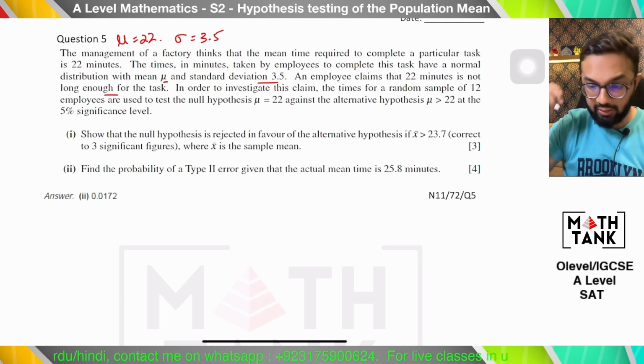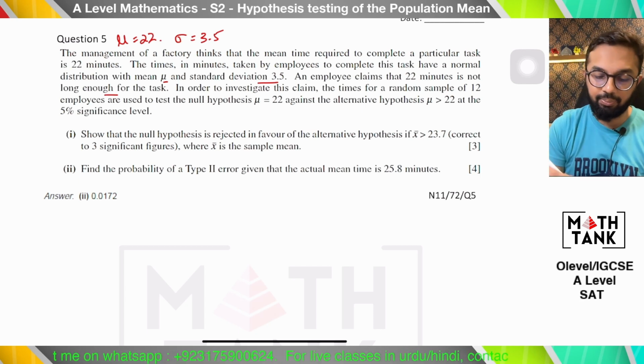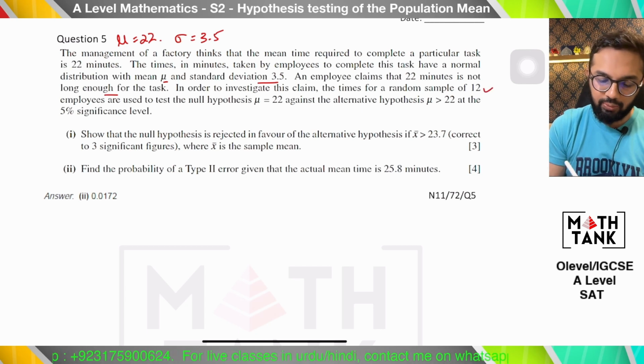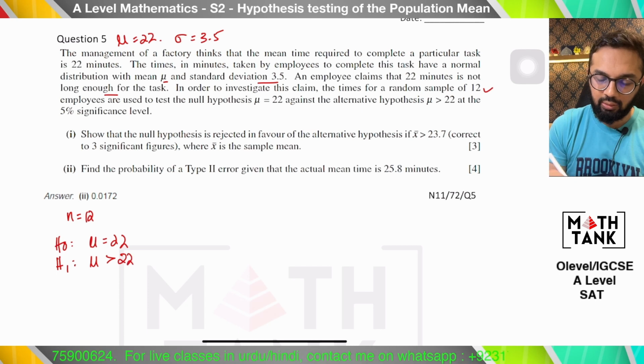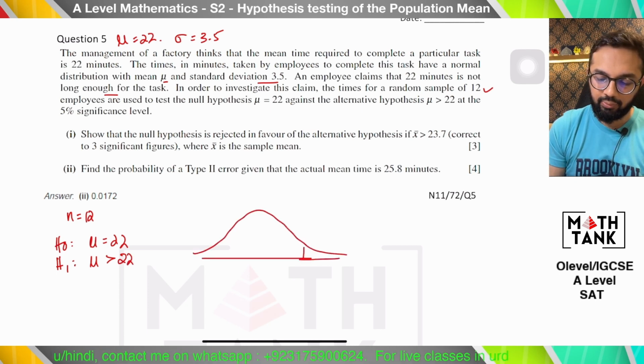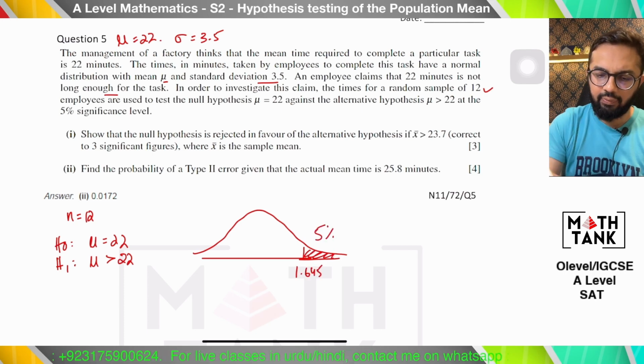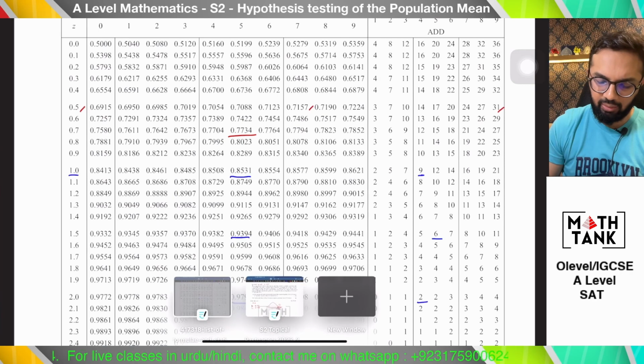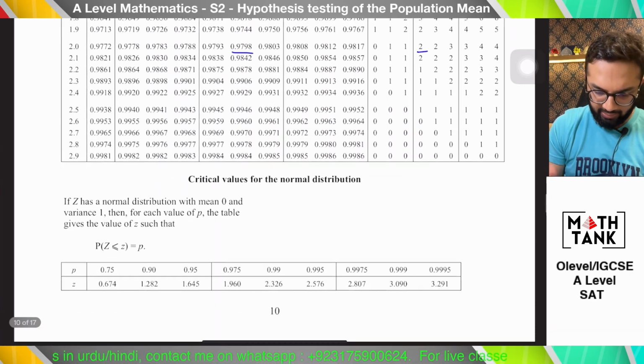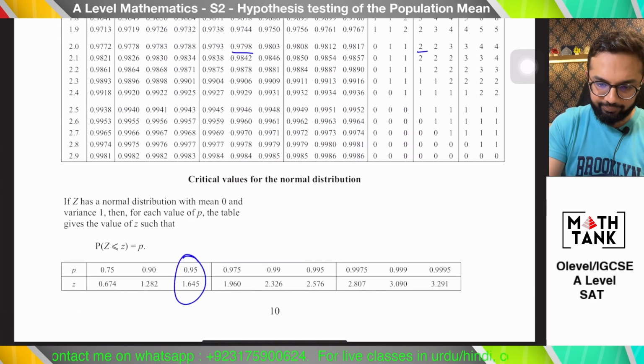In order to investigate this claim, the times for a random sample of 12 employees were used to test the null hypothesis against the alternative hypothesis at the 5% significance level. This is going to be 1.645. That is what I know from my table as well. I sort of remember the values now.